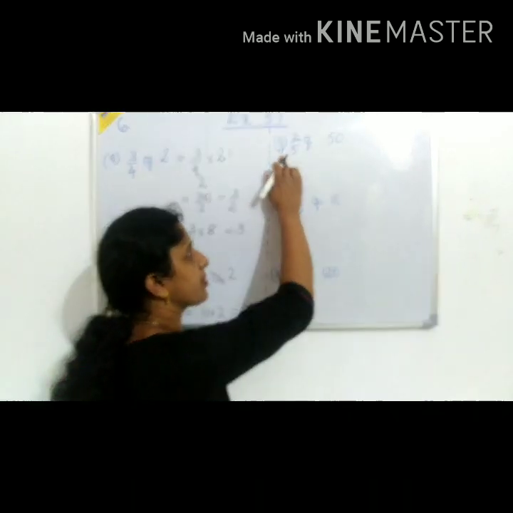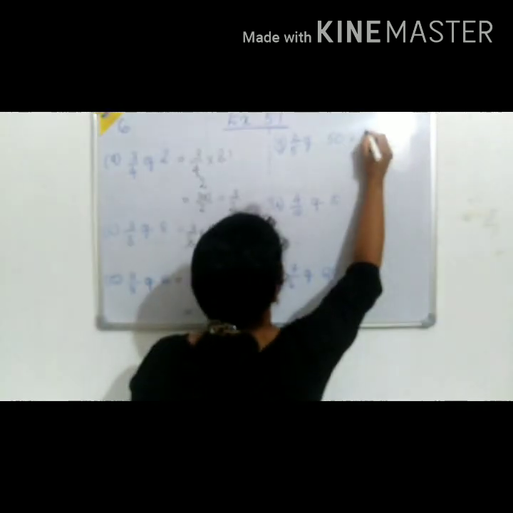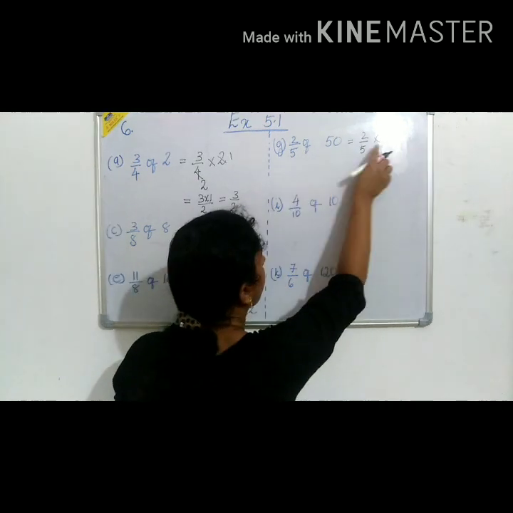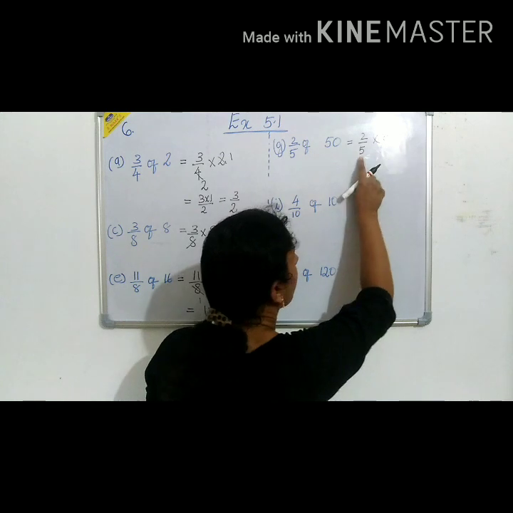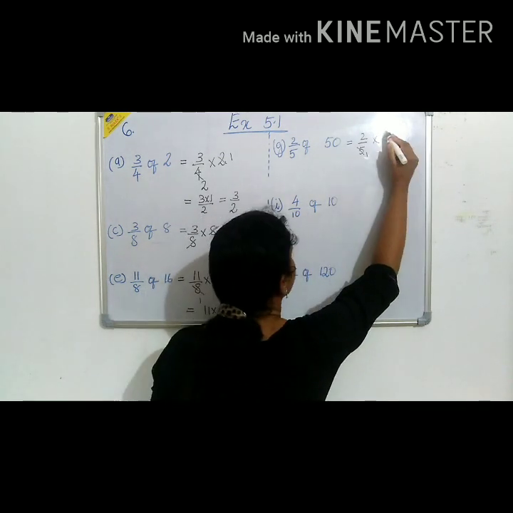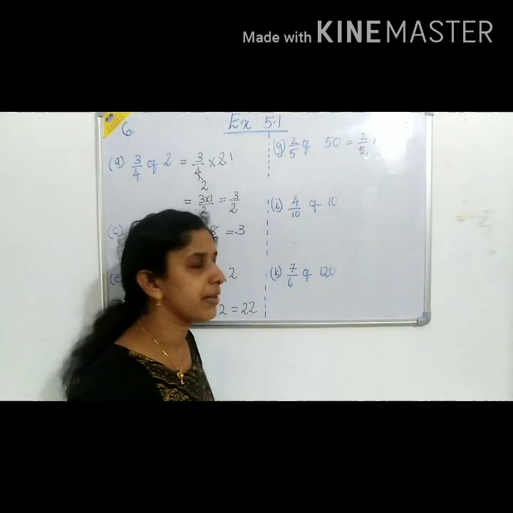Next question, question number G. Similarly, here it is equal to 2 by 5 into, instead of we are writing into 50. Here 50 and 5 we can cancel by 5. 5 by 5 become 1. 50 by 5 is equal to 10 because 10 5s are 50.